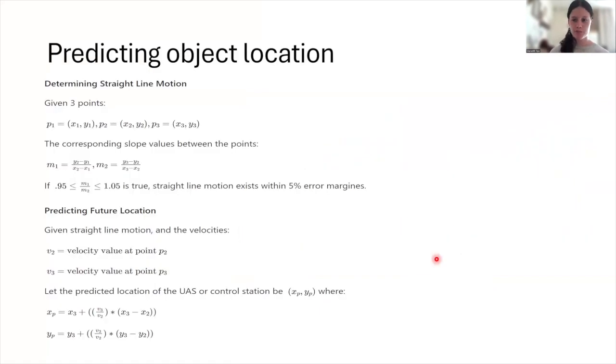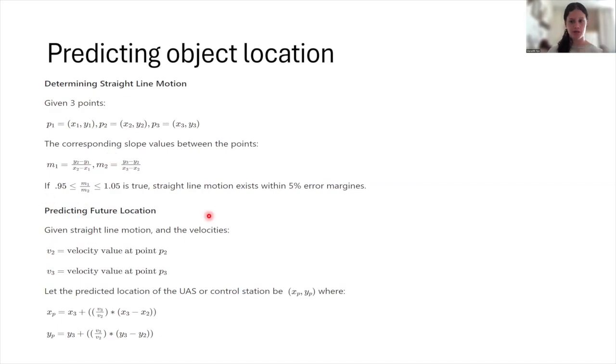For predicting the object location, these are the calculations given. Determining straight line motion over 3 points, according to our constraints, we must have 3 points. Those points are defined as x1, y1, x2, y2, x3, y3, given as P1, P2, and P3. We'll find the slope value between P1 and P2. Then we'll find the slope value between P2 and P3, and those are given as M1 and M2, both slope values.